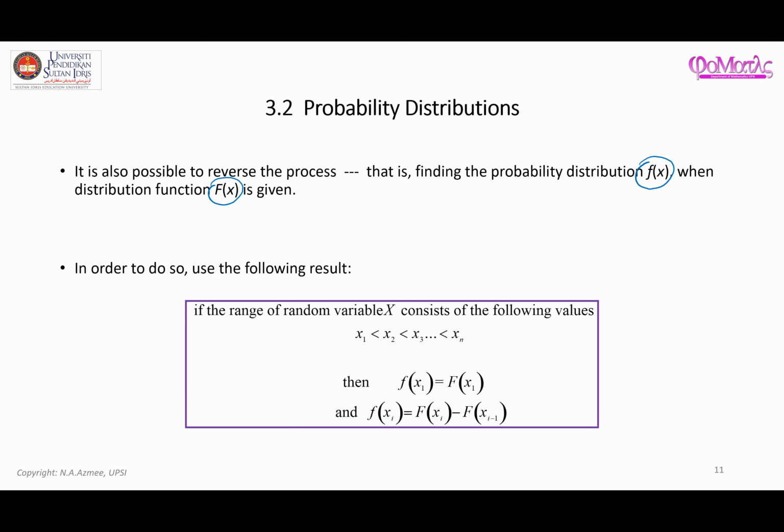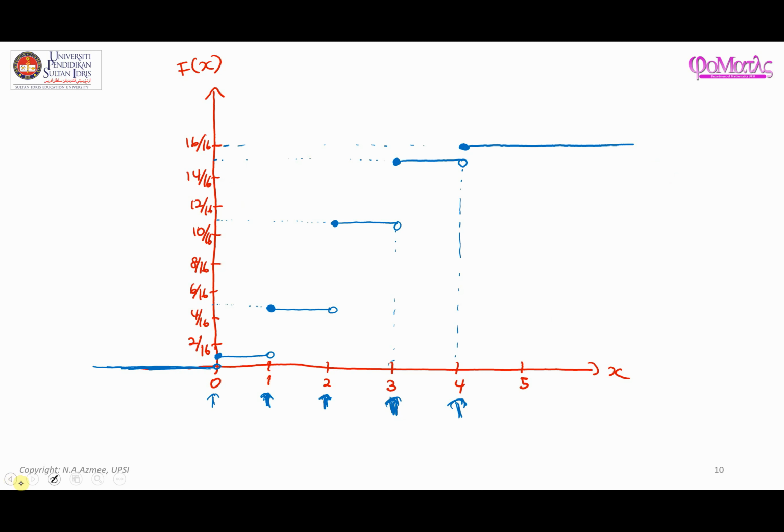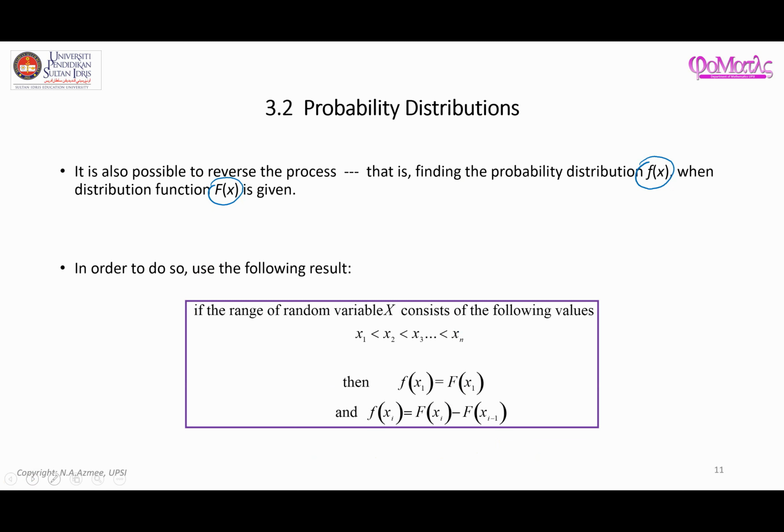So what we have done so far is, in this example, we have small f and you want to find big F. And right now we're going to look at the reverse process, where you are given big F and you need to find small f. In order to do so, this is the result that you can use.